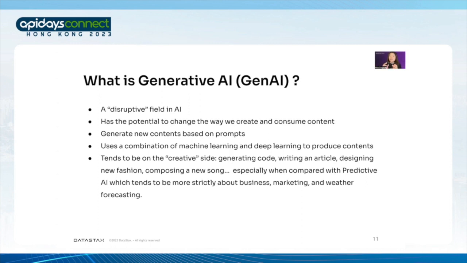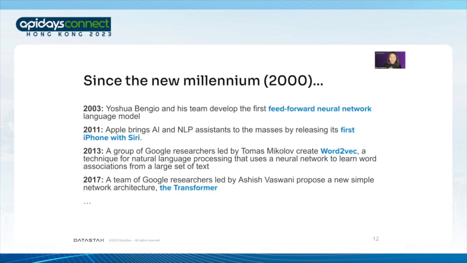It tends to be also short-lived. For example, weather forecasting, you get the data and it's only applicable up to the day that you want to get the prediction for. So it tends to be short-lived and takes the data and analyzes it, and then comes up with some prediction. That's why it's predictive AI.